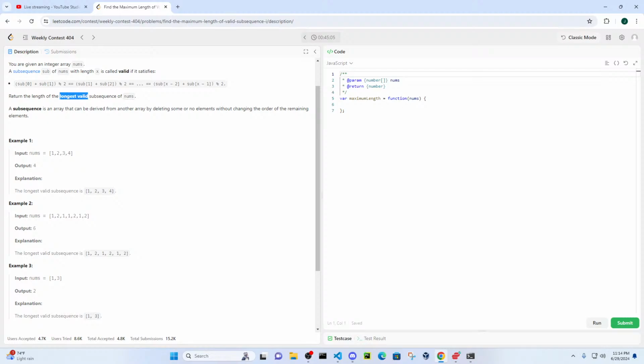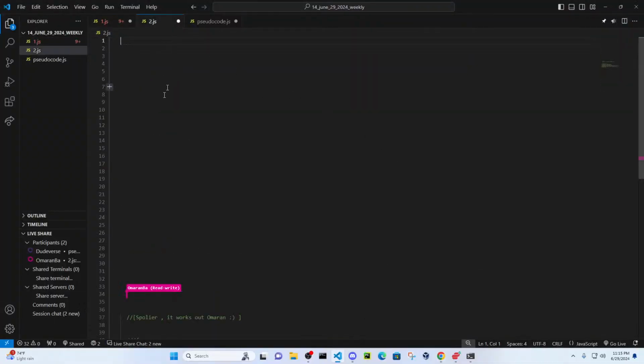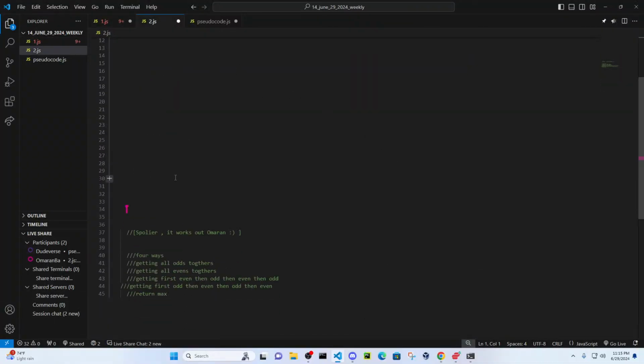Okay, so you just have a variable storing the current max. I'm gonna go ahead and start coding this one up too. Is this your spoiler here?